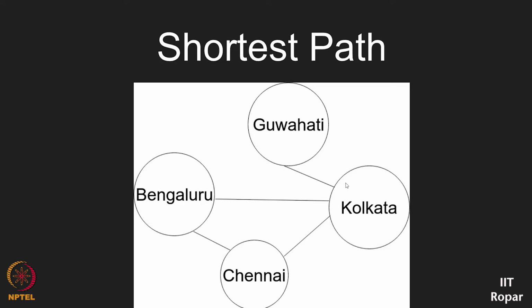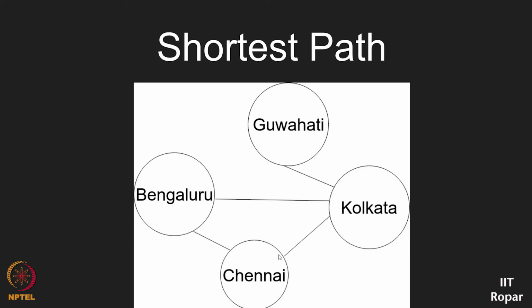There may be some cases where we have something called a weighted graph, that is, the edges will have weights. So basically, you can think of it as a distance between the two cities or the time the train takes to travel. You can consider anything as your weight. So that would be captured here as weight. For example, Chennai to Bengaluru, let us say the distance is 400 kilometers, this edge would have a label 400.